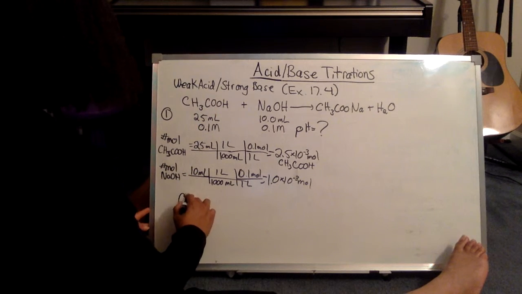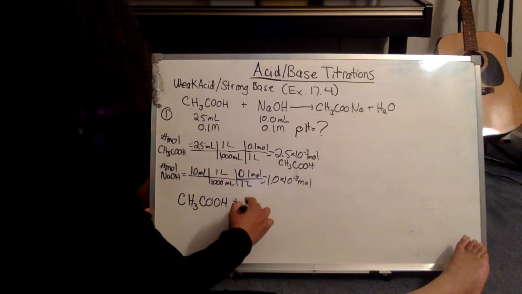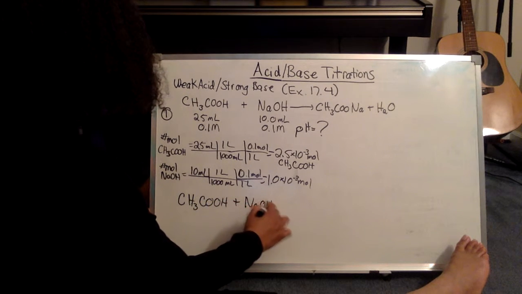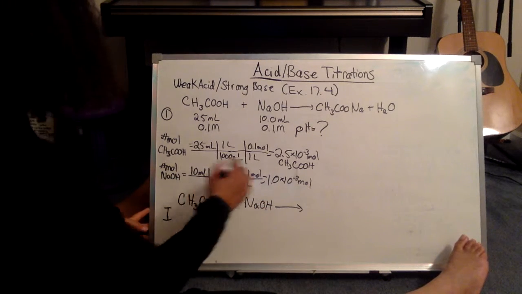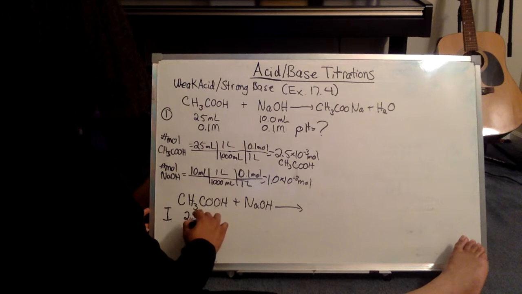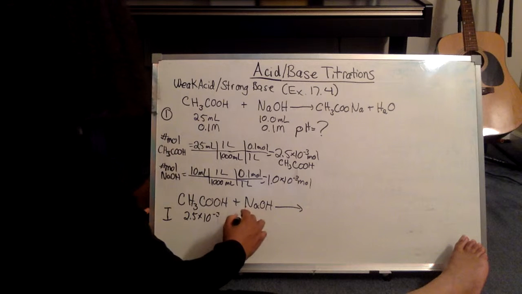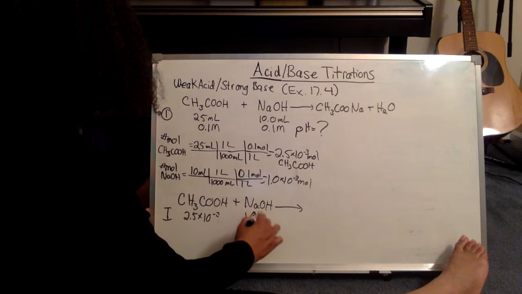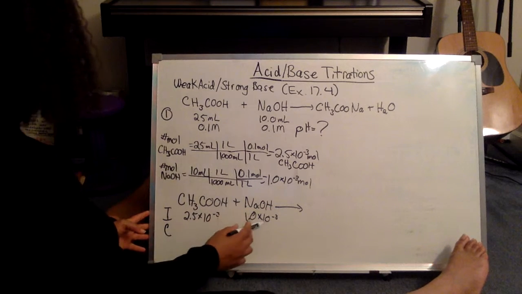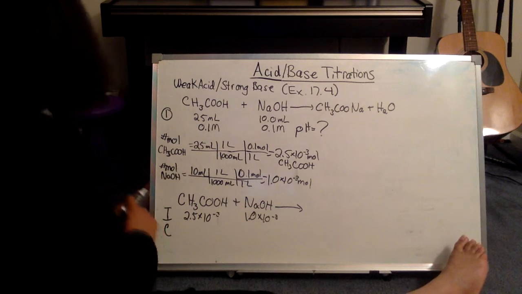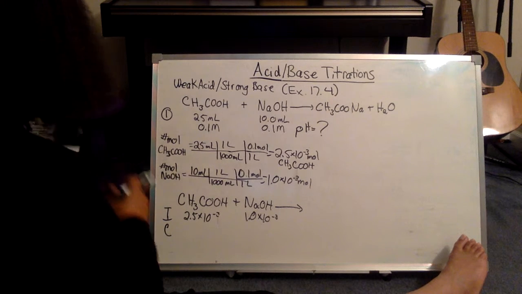So we start with CH3COOH plus NaOH, and that goes to products. Initially, we start with 2.5 times 10 to the minus 3 moles and 1.0 times 10 to the minus 3 moles. All of the sodium hydroxide is going to be consumed here, we can assume that.